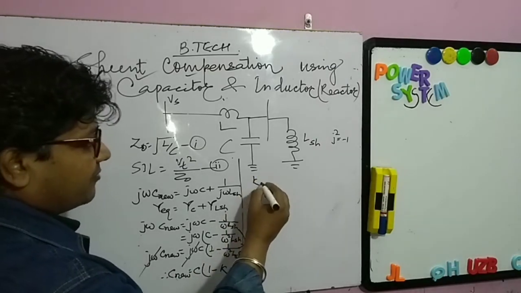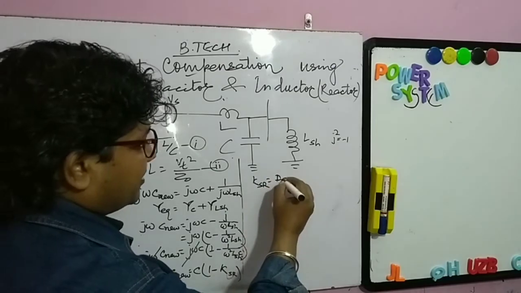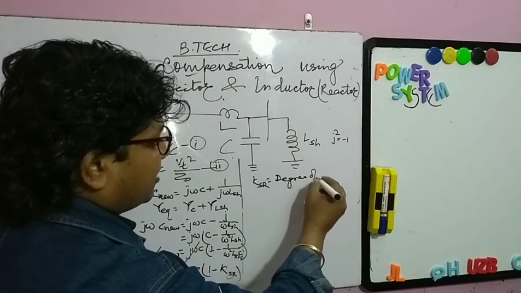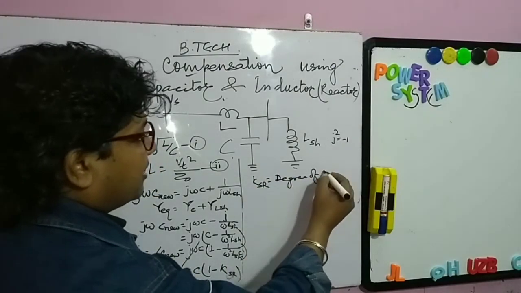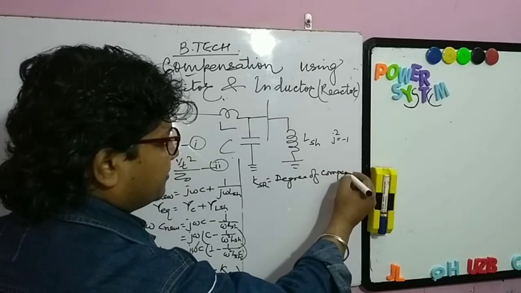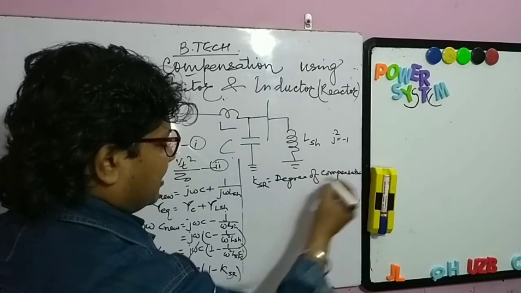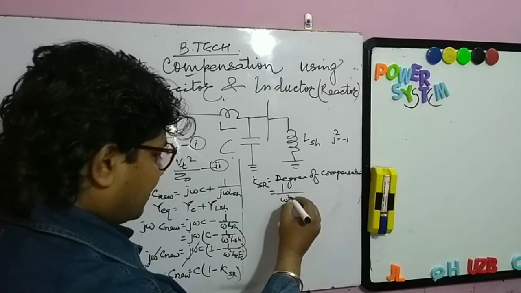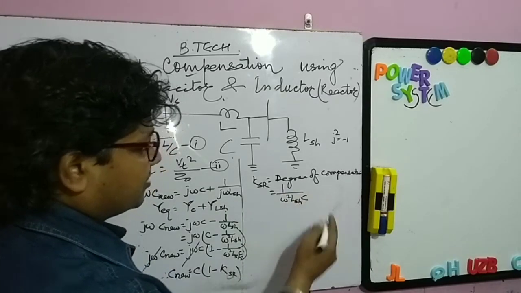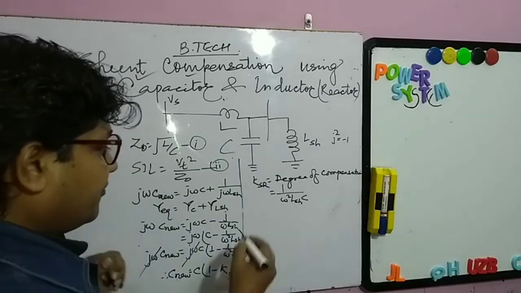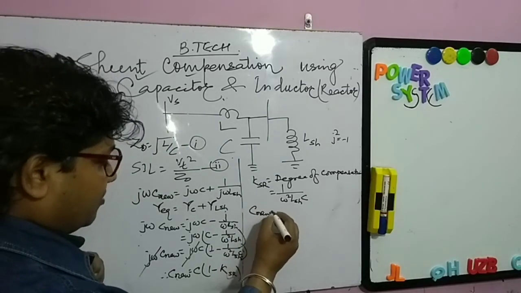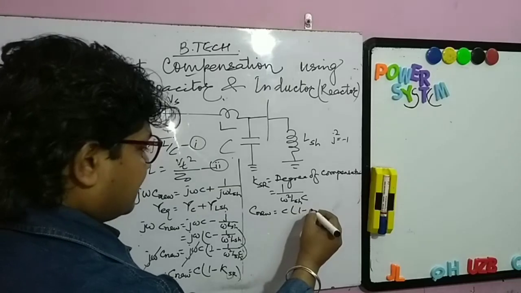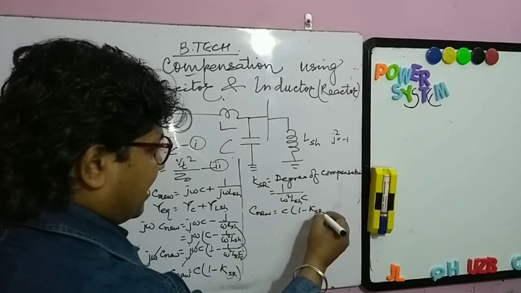So K is the degree of compensation, up to what extent you are compensating the system. This degree of compensation is equal to 1 by omega square L_SH into C. So we get C new as C into 1 minus K_SR.